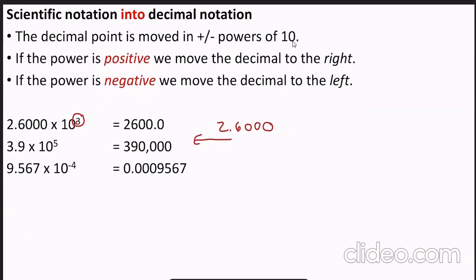It's now the opposite. I have to move this decimal to the right. With a negative exponent, I have to move this decimal place to the left. So we do have opposite rules there.